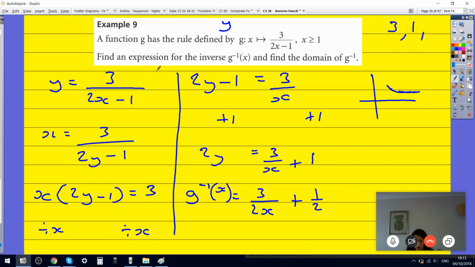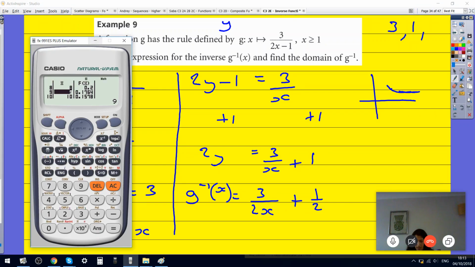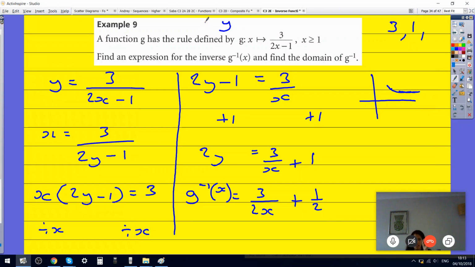And what's the biggest number you can get? 3. Yep. And so how would you write that? So y in the middle, and then greater or equal to 3. No, less than or equal to 3. And then greater or equal to 0. Yeah. Using that answer, what is the domain for the G inverse of x?